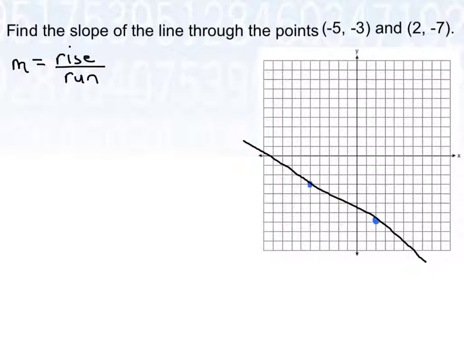If I'm calculating the vertical change from one point to the other, I notice right away that we've got 4 units from the first point to the other, vertical change. And then the horizontal change, I believe it's 7.